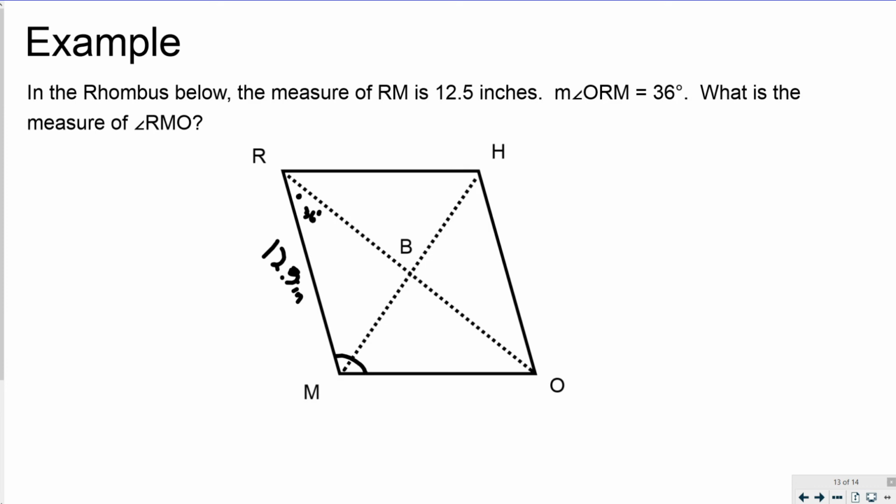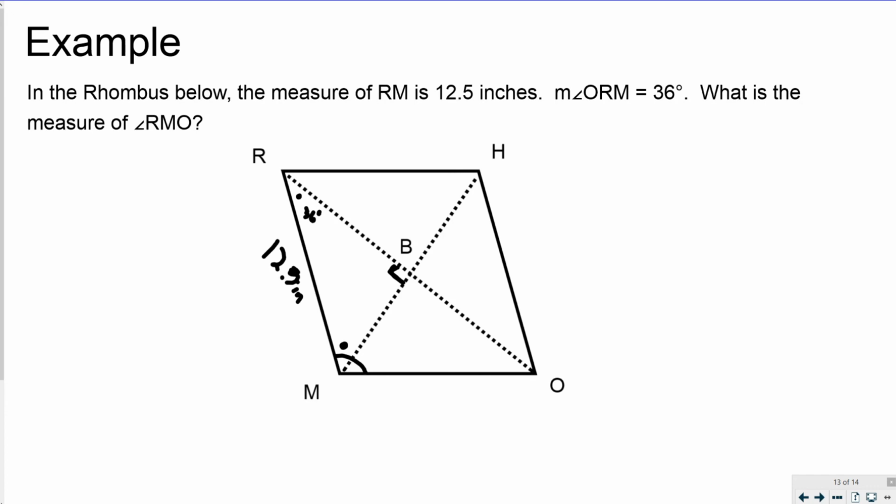So if I can find this half measurement here, then I can double it to find RMO. So to do so, just logically thinking it out, this angle here is 90 degrees. And it appears that the 12.5 inches they gave me is just a bit of extra information. It's just white noise. So I'm just focusing on angles here.